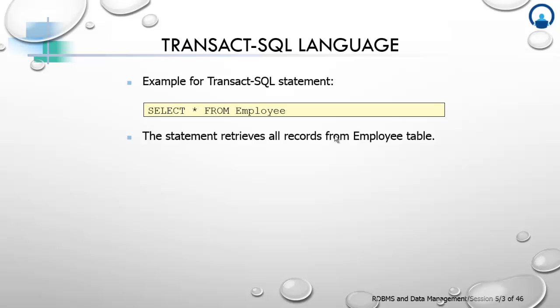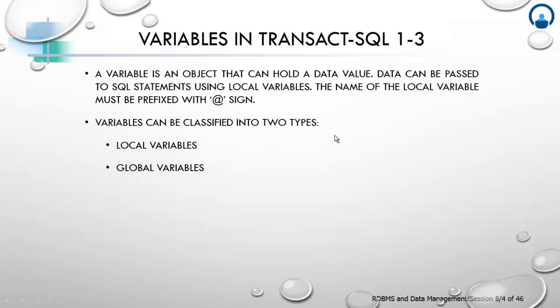Transact SQL includes many syntax elements that are used by or that influence most statements. These elements include variables, functions, data types, expressions, and comments. Coming to variables in Transact SQL. A variable is an object that can hold a data value.